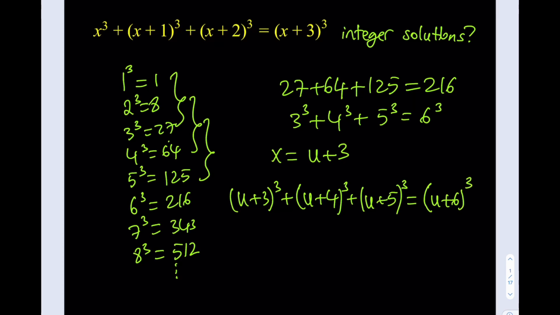Now, what is the significance of using x equals u plus 3 as a substitution? The significance is that we're going to get constant terms 3 cubed plus 4 cubed plus 5 cubed, which is equal to 6 cubed, and you're going to see what happens in a little bit.